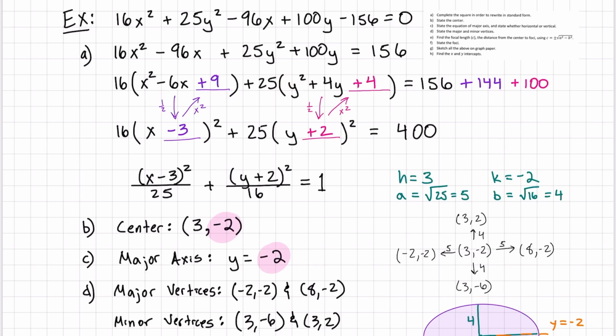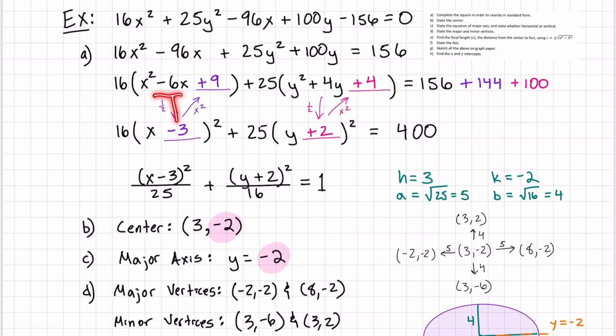So I'm going to factor a 16 out of my x's. Oh, and I rearranged my x and y linear terms so that they are with their friends. All right, so then I factored 16 out of the x's, factored a 25 out of the y's, and then we can do our completing the square.